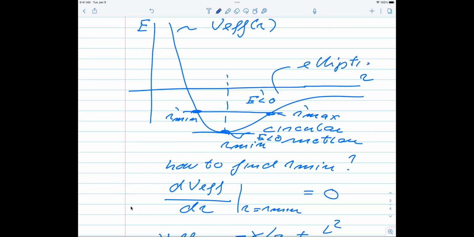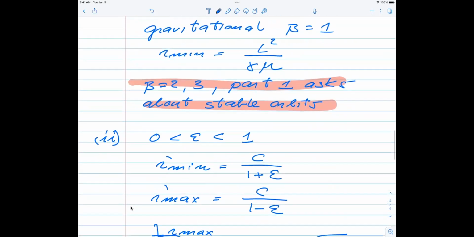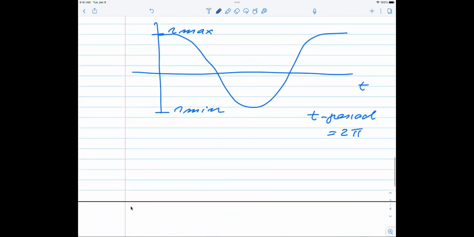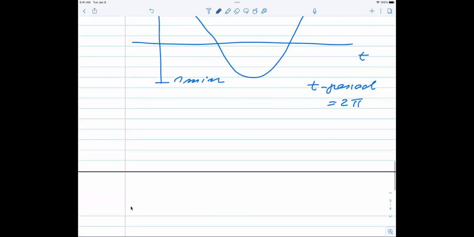And I will just repeat what we got on Friday, so that we have everything in one page. So we defined on Friday a new constant D, which was given as C times epsilon over 1 minus epsilon squared. And then we defined another constant. So we just played around a little bit, algebraic manipulations of the equations we have.